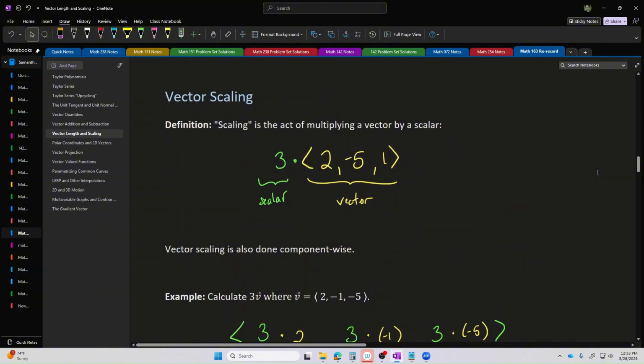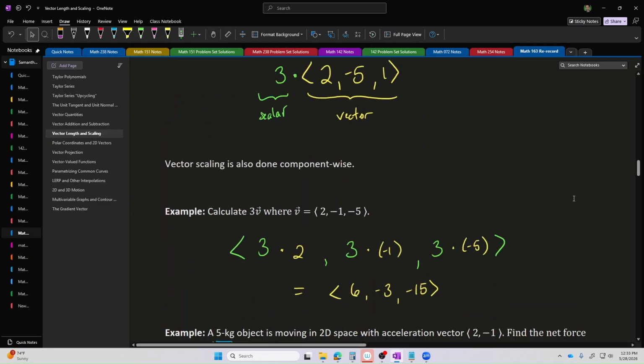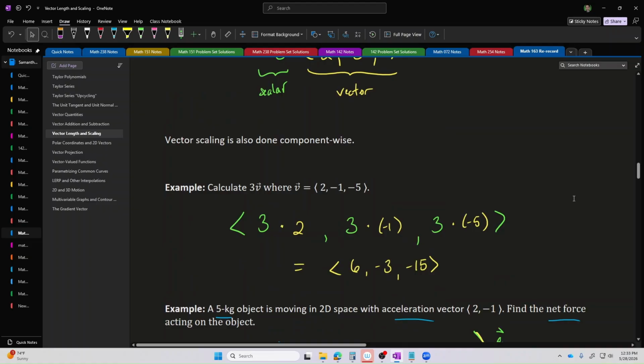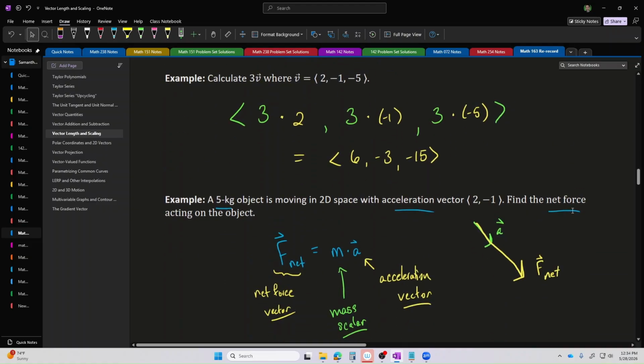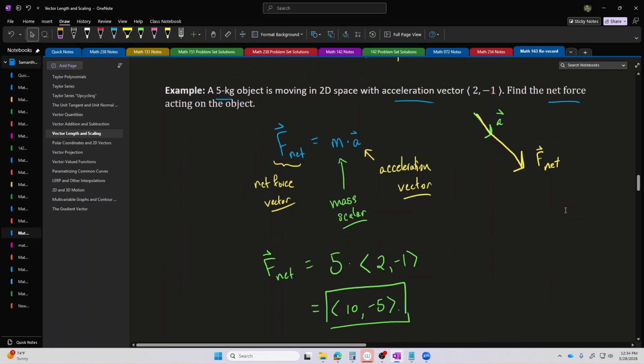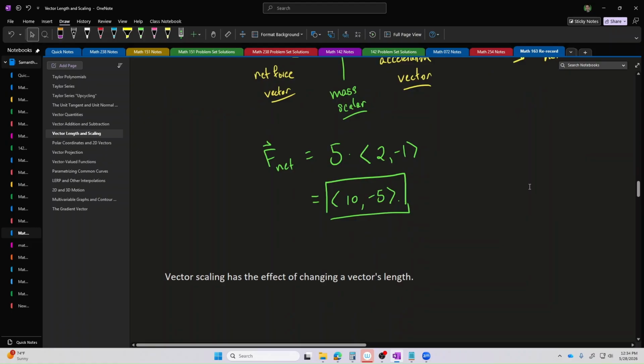Scaling a vector is the act of multiplying a vector by a scalar. And scaling a vector is performed component-wise. When you scale a vector, in particular when you scale a vector by a positive number, that has the effect of changing the vector's length without changing its direction at all.